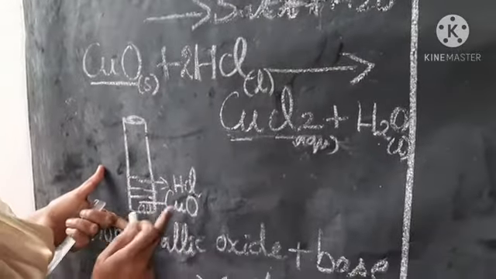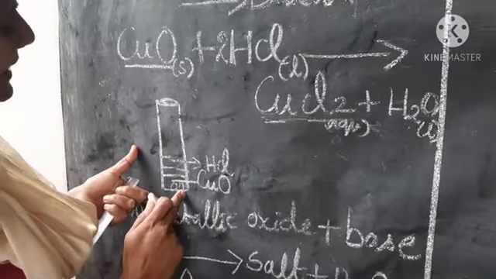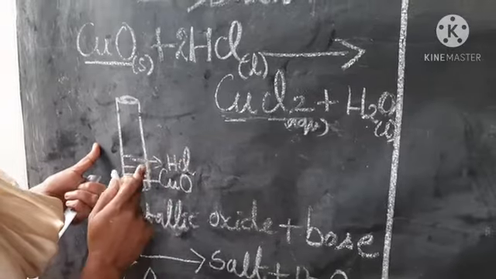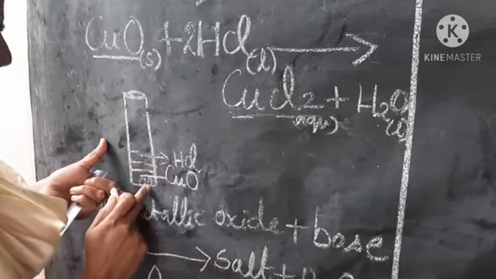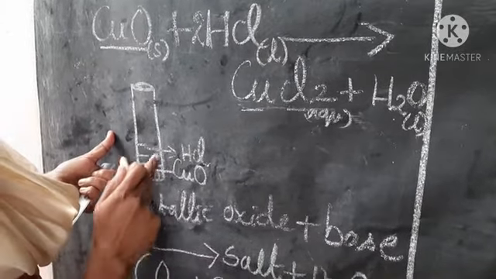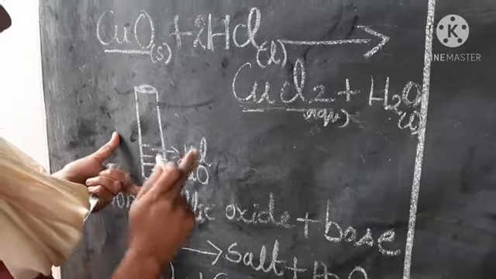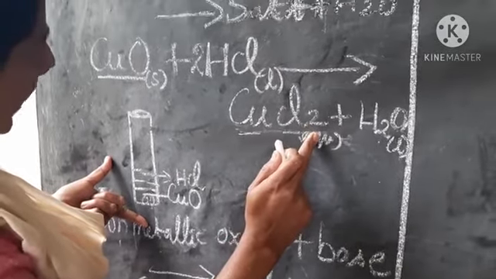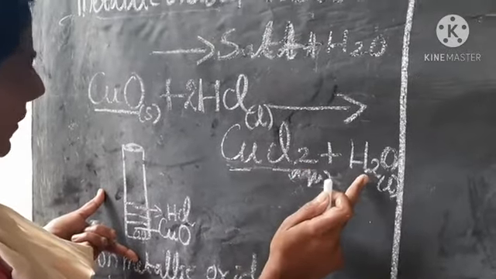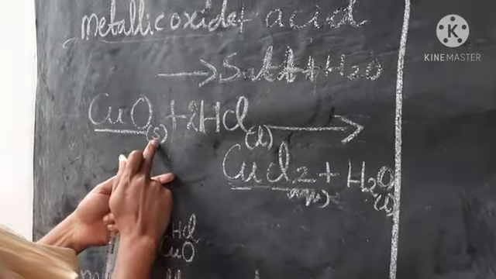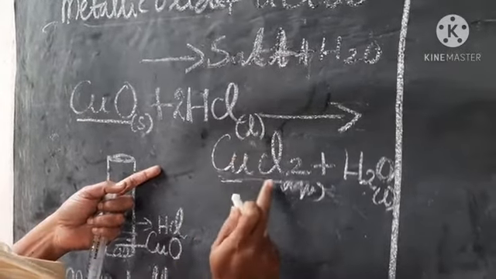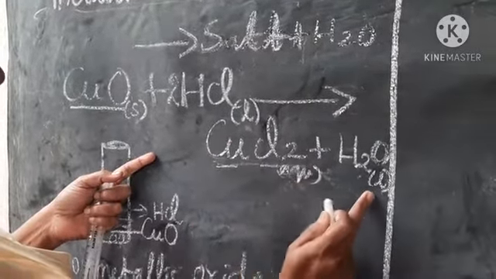Here, copper oxide is taken in a test tube and a small amount of hydrochloric acid is added to it. Bluish green copper chloride is formed along with water. I have written its states: copper oxide solid, hydrochloric acid liquid, copper chloride aqueous, water liquid.